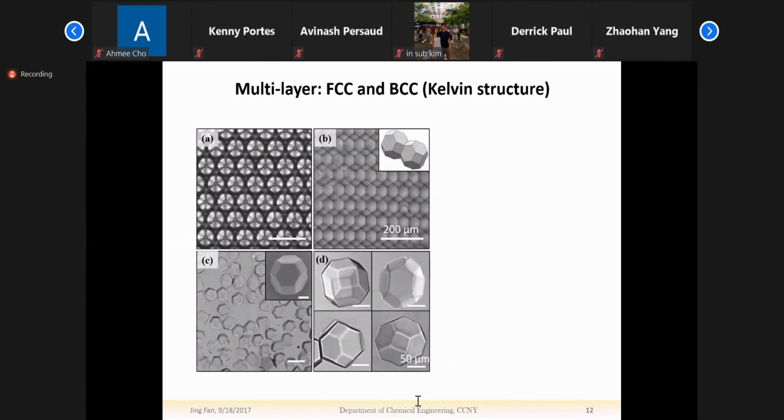Then, okay, so continue the story. If we further increase the distance between the 2 plates, we can have multiple layer droplets packed in between. Then at relatively low droplet volume fraction, it looks like this. Then when we increase the droplet volume fraction, again, it has a transition from this FCC to BCC.